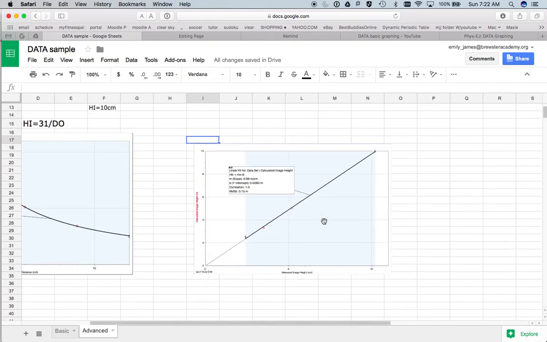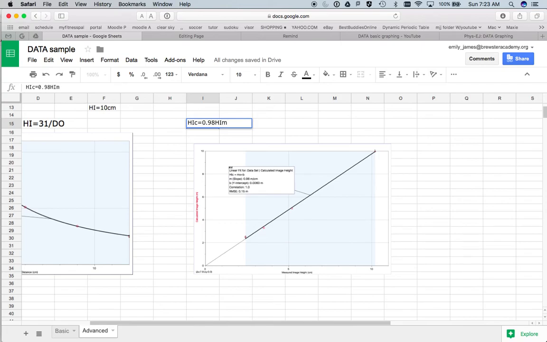Okay, and again, we'd like to write the equation for that line. So we've got y equals mx plus b. So what's on the y is HIC. That's going to equal the slope, 0.98, and then what's on the x-axis, which is HIM.